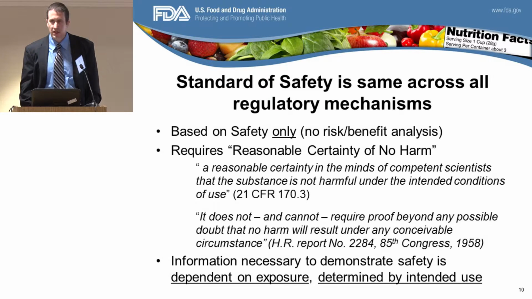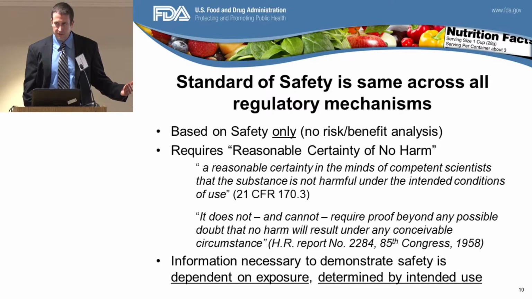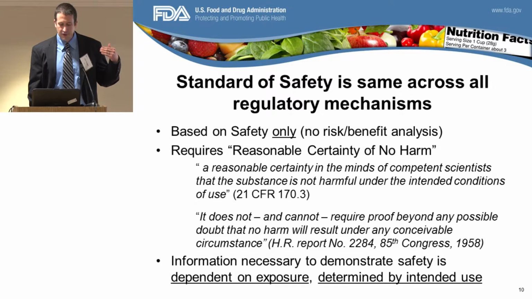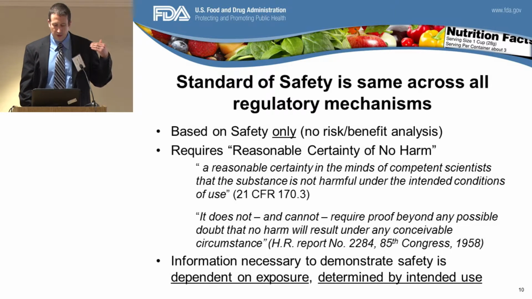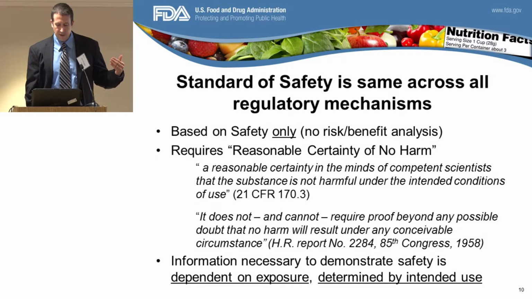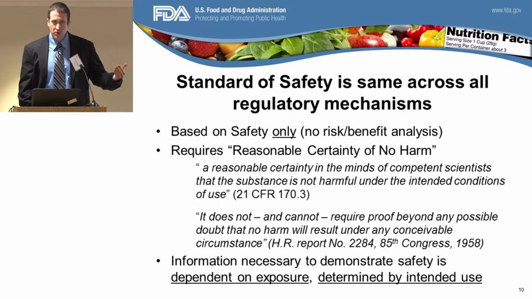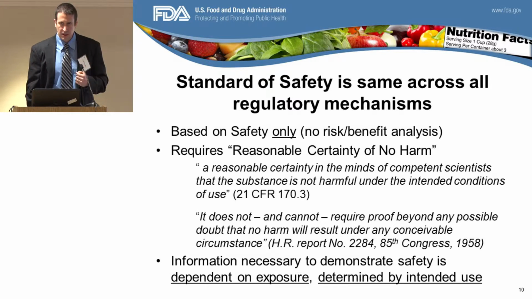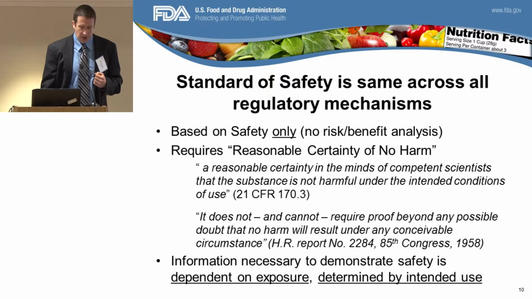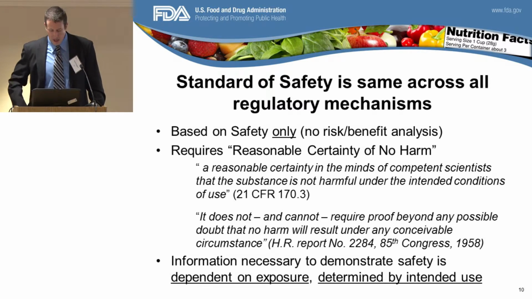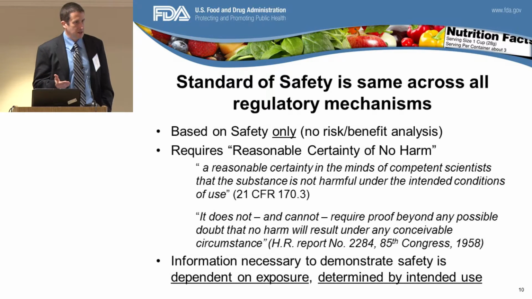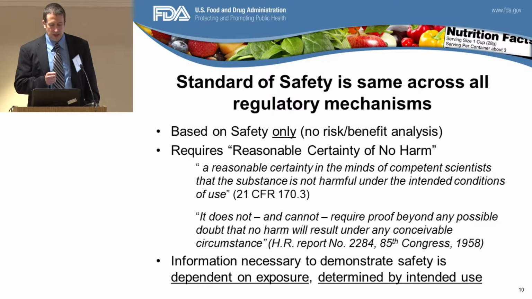So really Congress is saying it's hard to prove a negative, and you don't have to prove the negative for any conceivable circumstance. It just has to be for the exposure that's expected, the exposure that's been demonstrated as possible coming out of the substance from the use. And as we've discussed in the previous talks, the information necessary to demonstrate safety is dependent upon the exposure to the material.